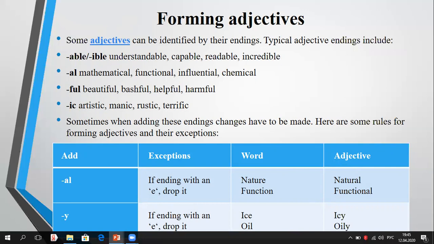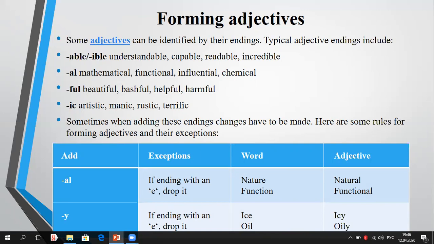Sometimes when adding these endings, changes have to be made. Here are some rules for forming adjectives and their exceptions. Adding, for example, suffix al. Exceptions. If ending with an e, drop it. When we add the suffix al, if the word ends with the letter e, then the letter is dropped.